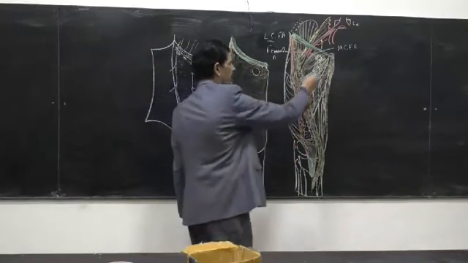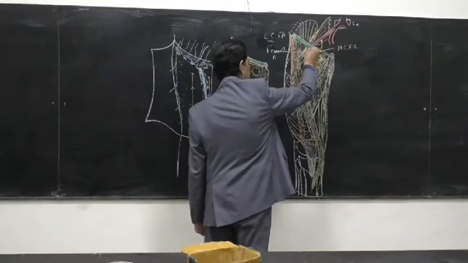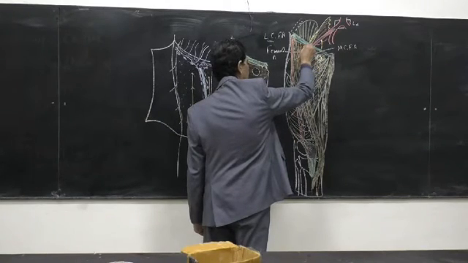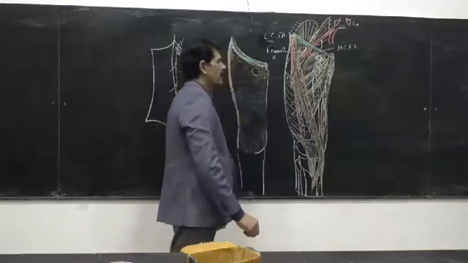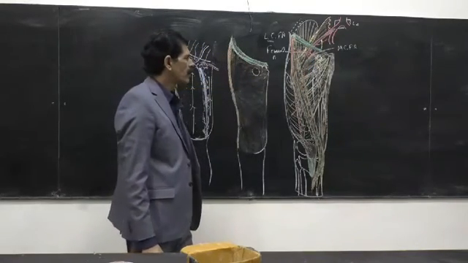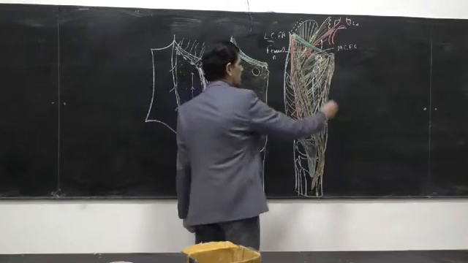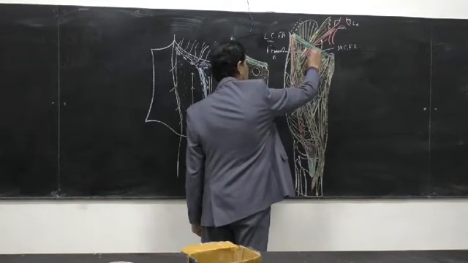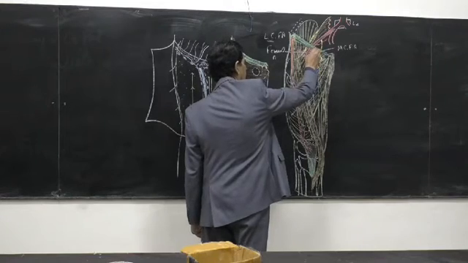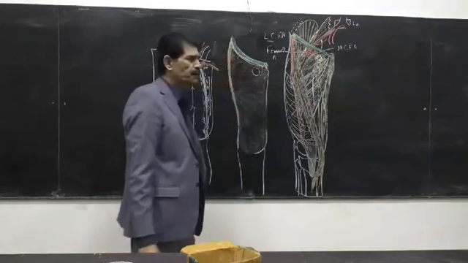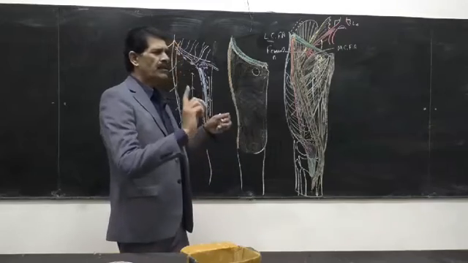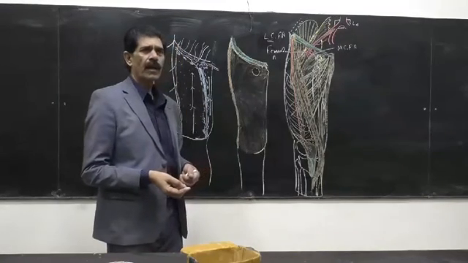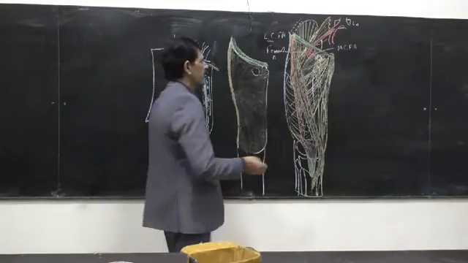One is the transverse branch, which goes around the femur and anastomoses with the transverse branch of the lateral circumflex femoral. Then another branch is the ascending branch, which supplies the various muscles in this region. So this is how the two circumflex femoral arteries supply the muscles.